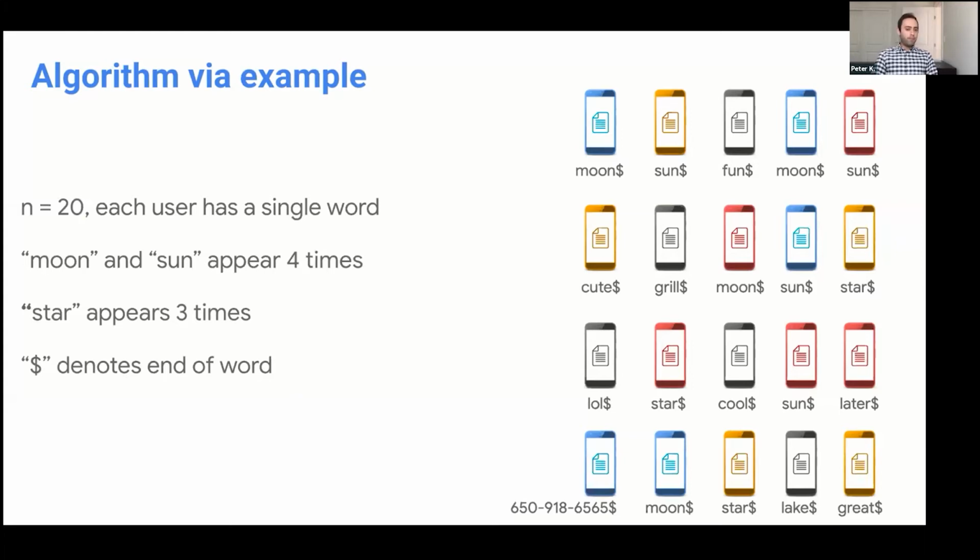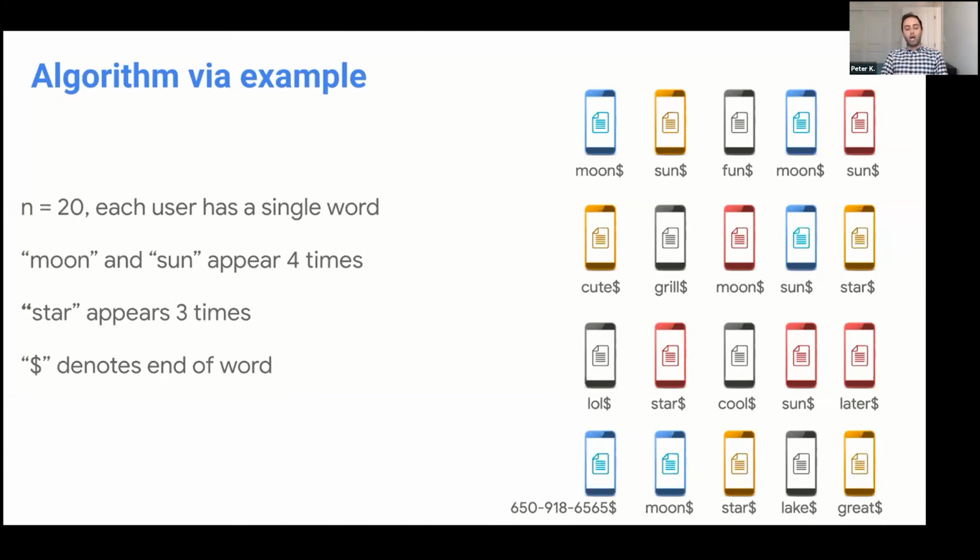We're going to assume we have about 20 users, and each user has a single word. You can quickly see from the words that I'm putting up on the slide that moon and sun are popular because they appear 4 times in this very toy example, in this small population of just 20 users. Obviously, in practice, we have hundreds of millions of users, but this is just to illustrate how the algorithm works.